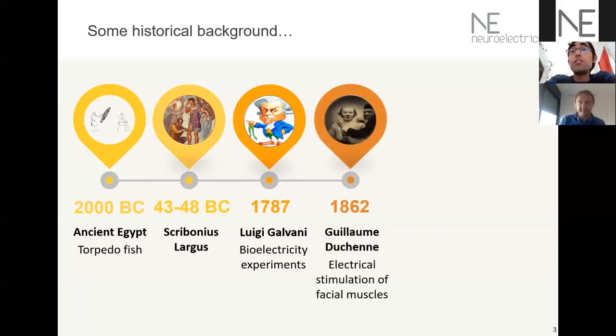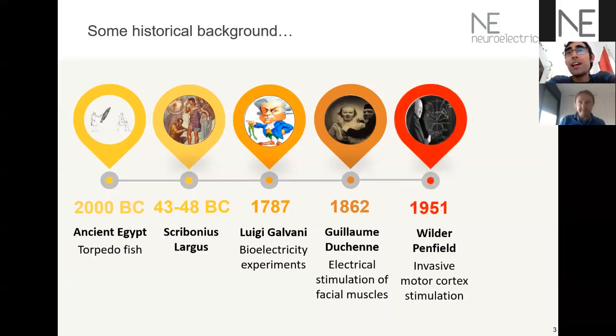In 1862, Guillaume Duchenne used electrodes to stimulate the facial muscles of patients non-invasively, although I can imagine this was quite painful for the participants. And in 1951, Wilder Penfield used, of course, invasive electrical stimulation to map motor function in the primary motor cortex and also in the somatosensory cortex.